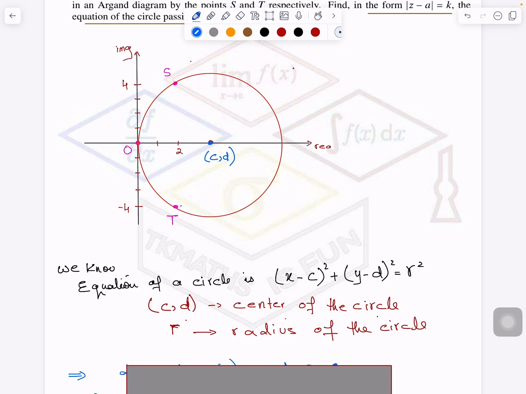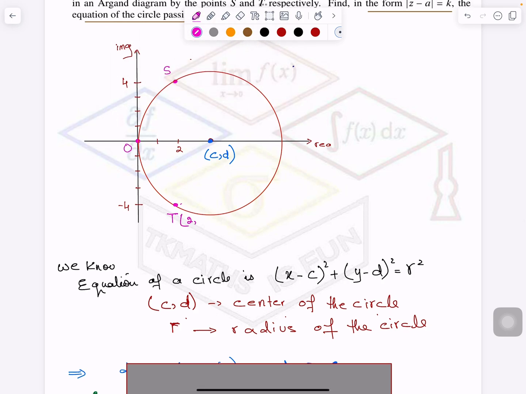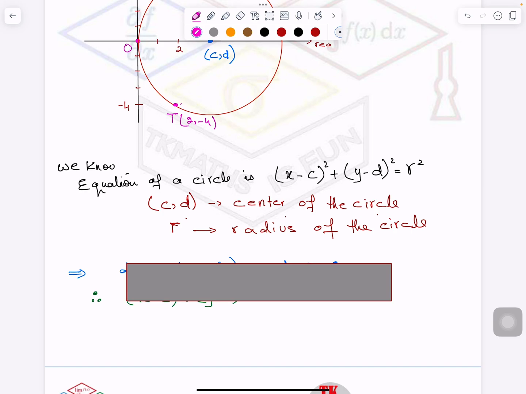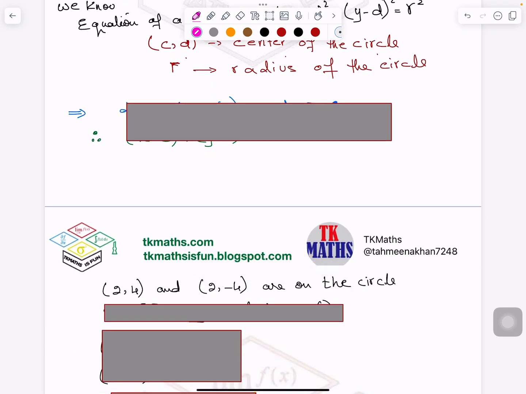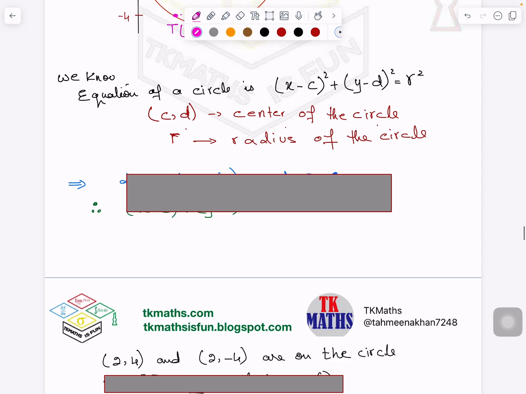Yes, you are right. Because you know 2 points on the circle: point T is 2, minus 4 and point S is 2, 4. So you can substitute 2, 4 and 2, minus 4 into the circle equation, any one you like.